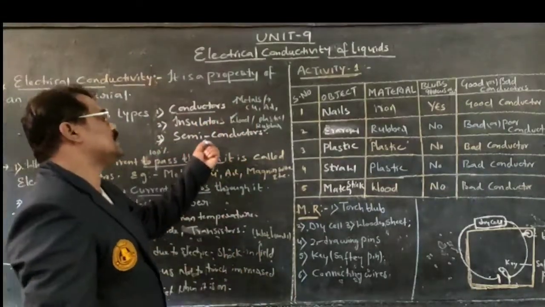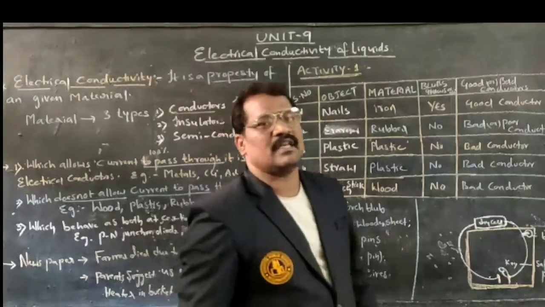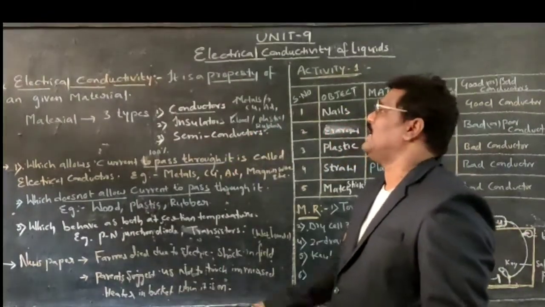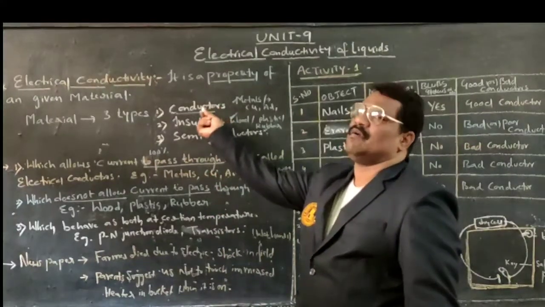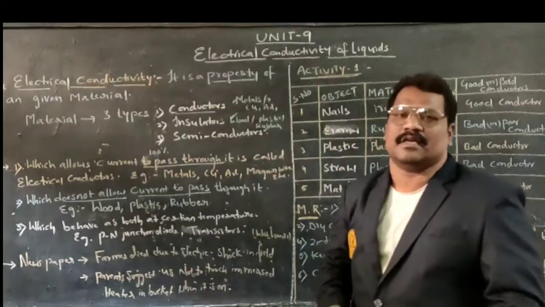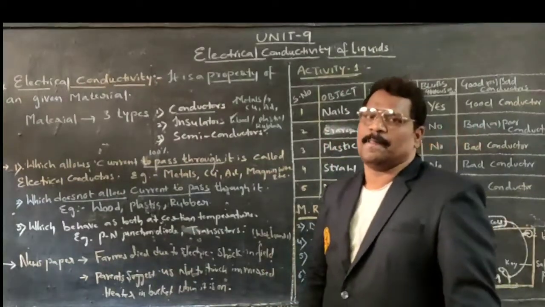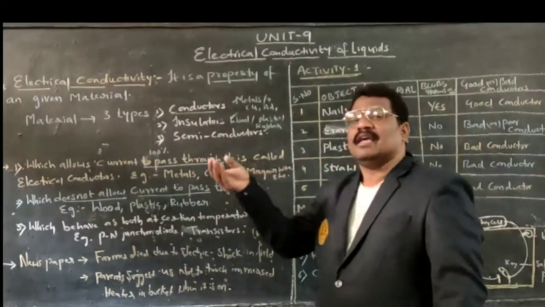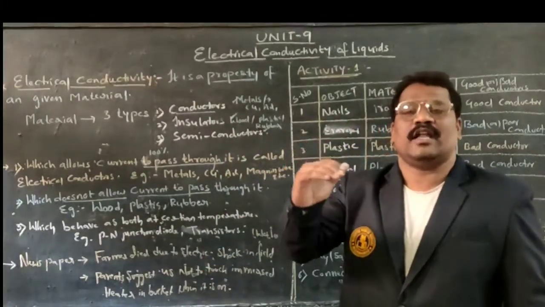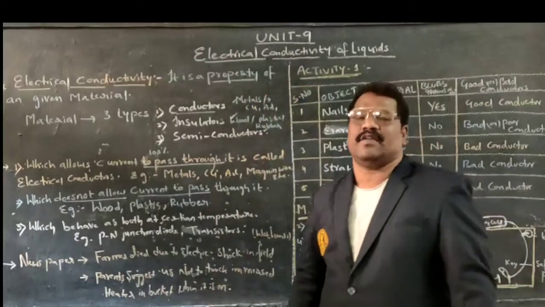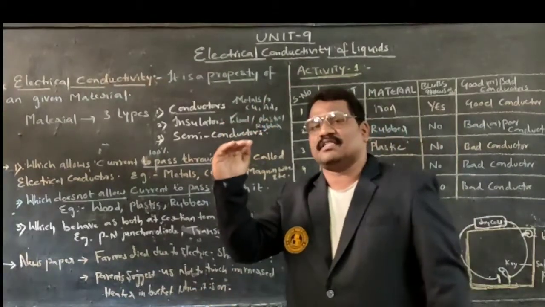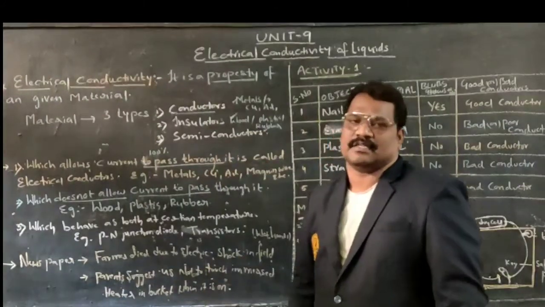Next one is semiconductors. What are semiconductors? These semiconductors can act as insulators at a certain temperature, and at a certain temperature they can act as conductors also. We can call them an intermediate stage between insulator and conductor. In between those two stages, a semiconductor can exist.